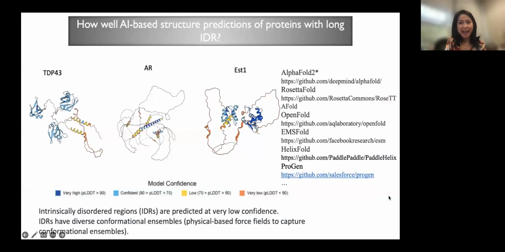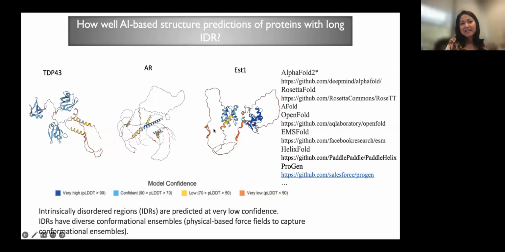So most of us by now have used AlphaFold2 to obtain protein structure of interest. But there are other AI-based programs like Rosetta 4, for instance. So these are my favorite fields. So how well does AI-based structure prediction work for proteins with long intrinsically disordered regions, that is, I say, more than 30 amino acids?